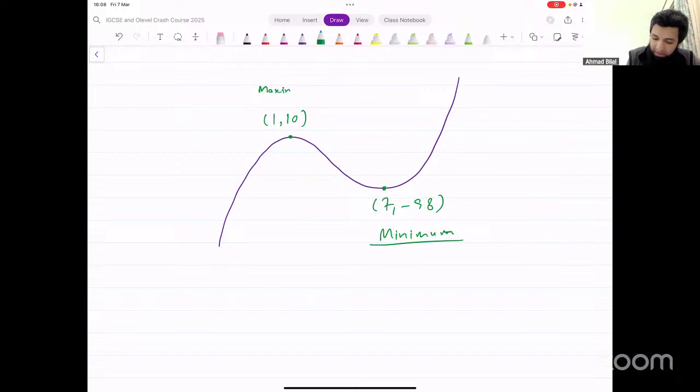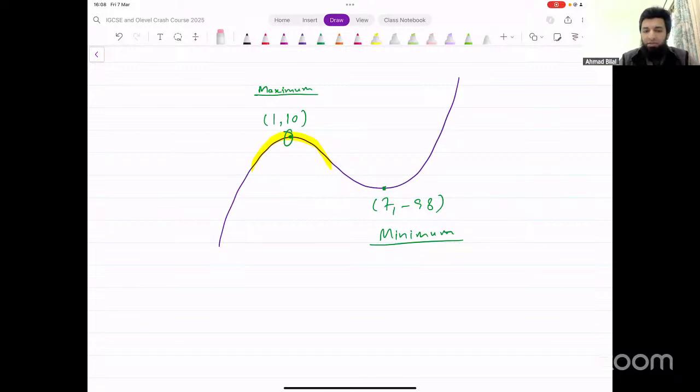So we are saying this is a maximum because close to this turning point, right next to it, amongst the points that are next to this, it's a maximum point. The points on the right and left are below this point. So we say this is a maximum. In proper mathematical terminology that you will see later on at university, this is actually a local maximum.